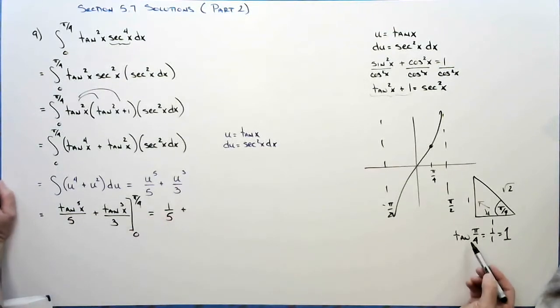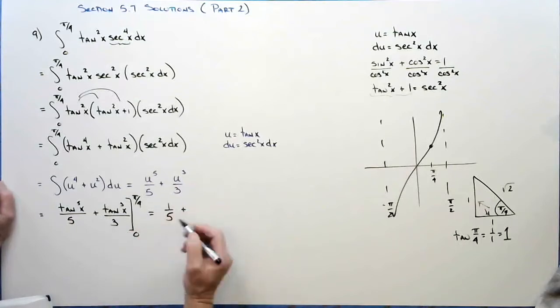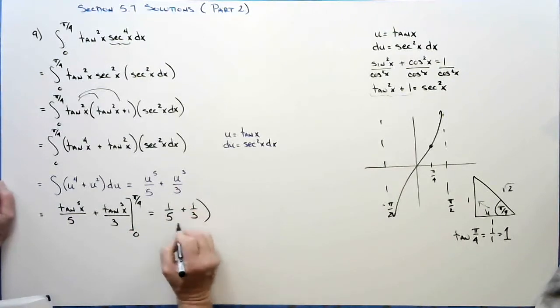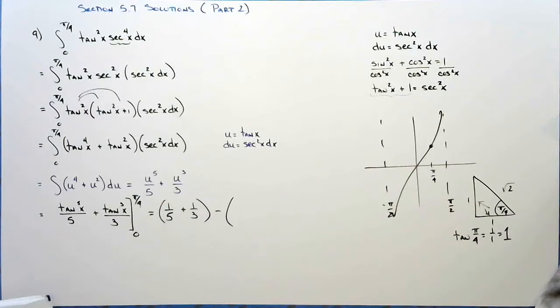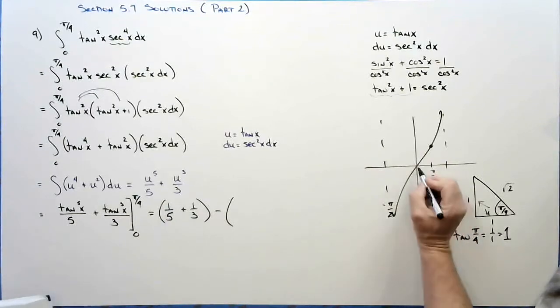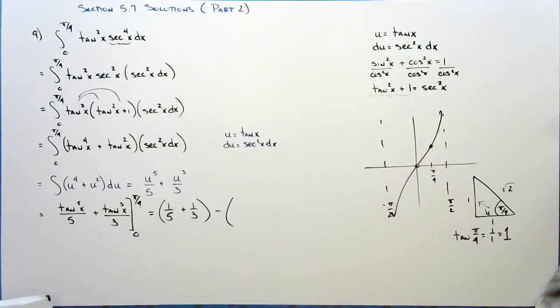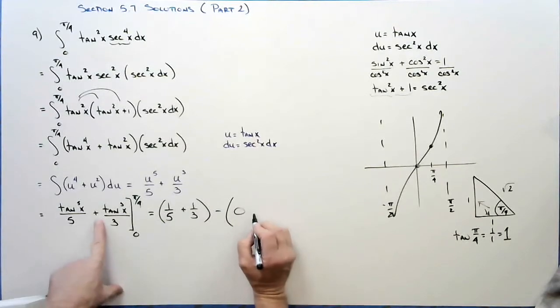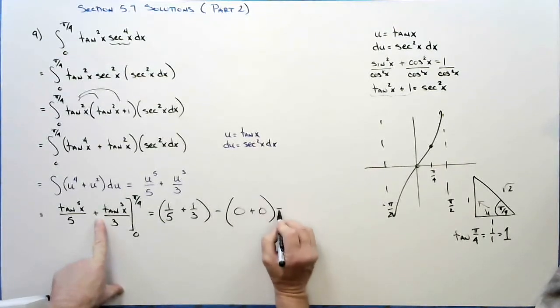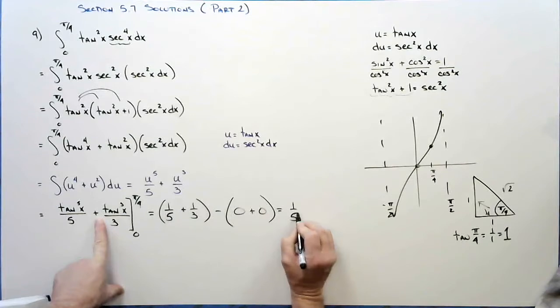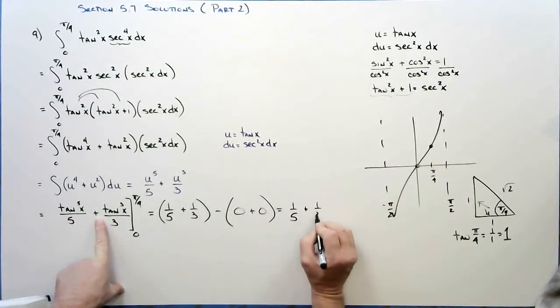Well, tangent of pi over 4 is 1. Cube that, you're going to get 1. So that's going to be 1/3, minus, by the fundamental theorem of calculus, or your evaluation theorem, you put 0 here. Tangent of 0 is 0. 0 to the fifth, also 0. 0 divided by 5, 0 again. Likewise here, you're going to get 0. So we get the famous 1/5 plus 1/3.